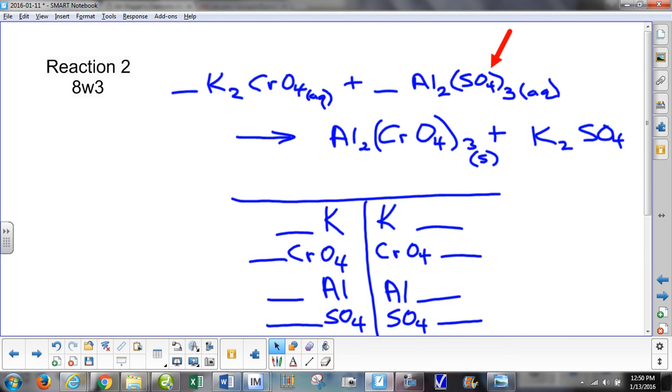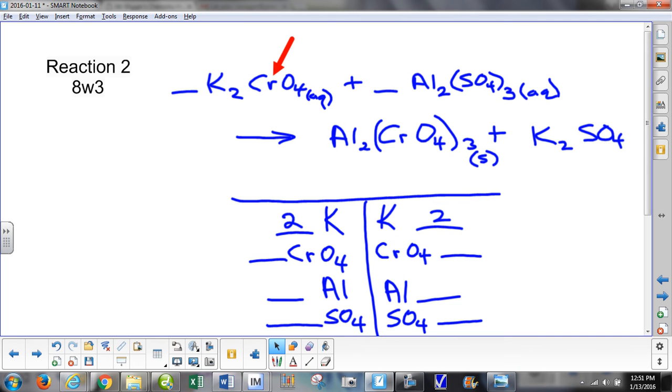So I look over here, I see I have 2 potassiums, and without doing anything, I wind up, luckily, with 2 potassiums on the right. So far I'm balanced. Okay, chromate.